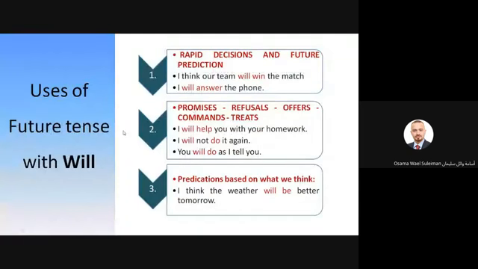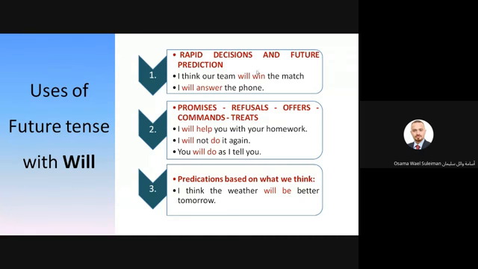Okay. But the third use of the future tense with will. عفوا احنا second. Promises عندنا. شوفوا تنقطع سلسلة أفكارنا. Okay. The promises. We use the future tense with will for promises, refusals, offers, commands, and threats.